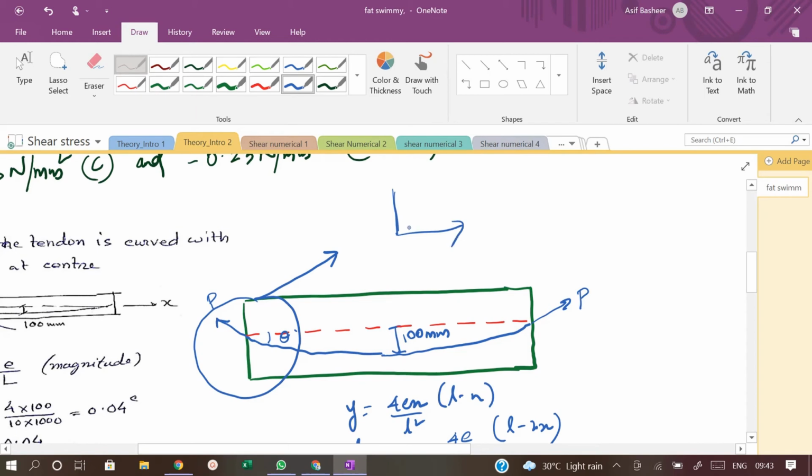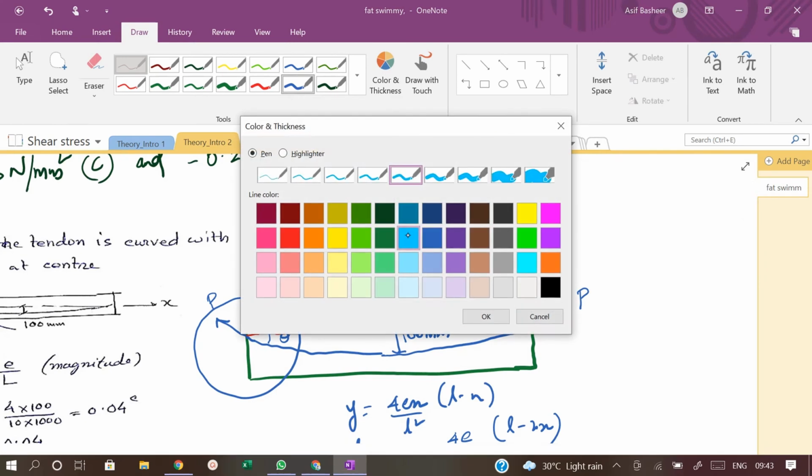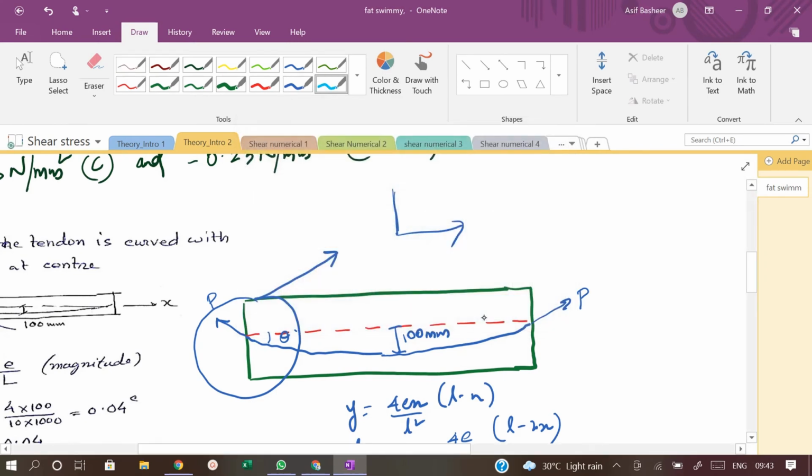I can resolve this into two components: this is P cos theta and this is P sin theta. So that is the horizontal force. Now I can represent it by P cos theta, and the vertical one I can represent by P sin theta.